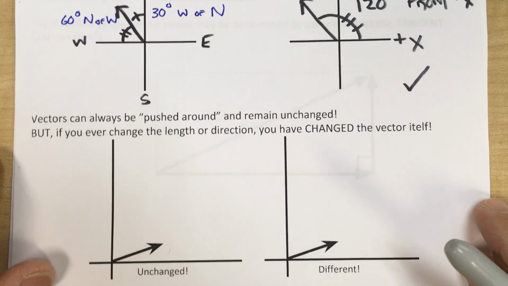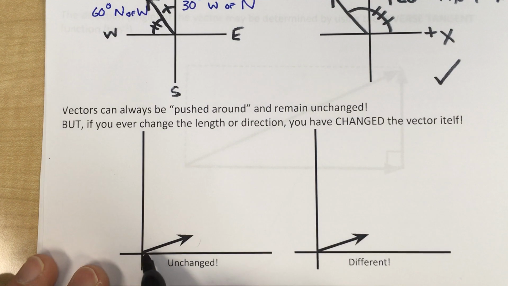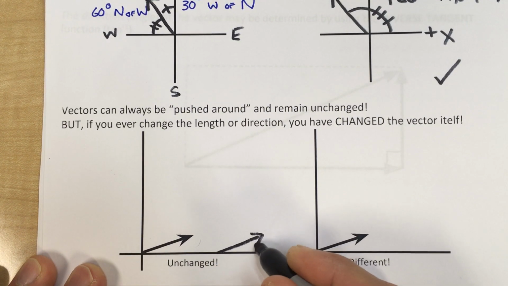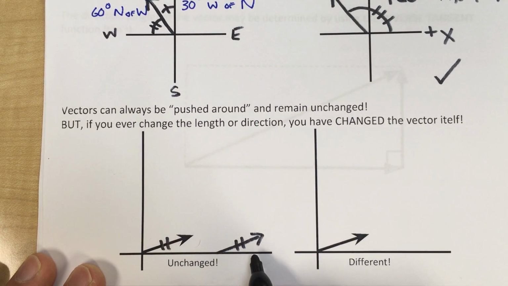Okay, last thing on this page is the statement that vectors can always be moved around and remain unchanged. If I have this vector that's shown here, and I simply move it over, keeping the same length and the same angle, these vectors are the same.